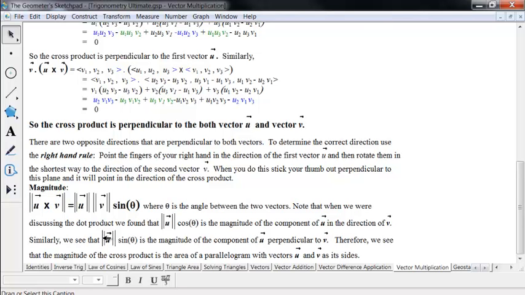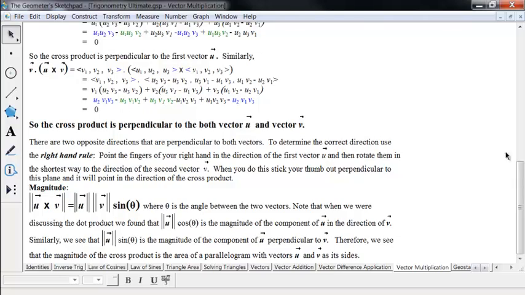Well, similarly, norm of u times sine of theta is the magnitude of the component perpendicular to v. So what we're basically doing is taking those two components and then multiplying them by the size of the vector v to get the size of the dot product in one case, and the size of the cross product in the other case.